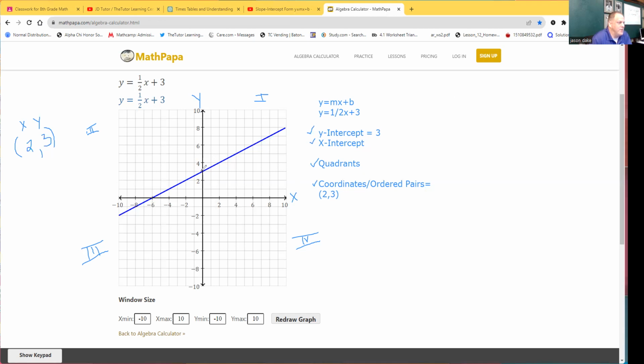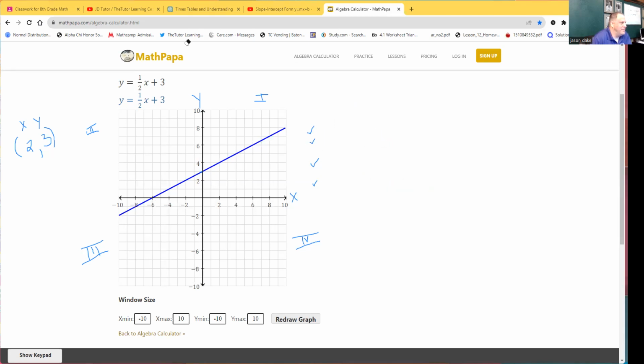The 3 falls right here on the y-axis. And same thing if it falls here, -6. So the x-intercept would be -6. But we're not going to be too concerned right now with the x.